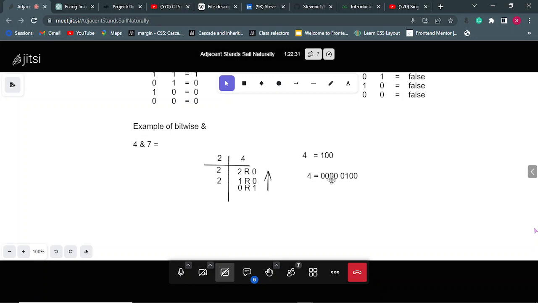All the missing spaces I have to fill with 0. So now this is the 8-bit binary interpretation of 4: 00000100. Do you understand that?